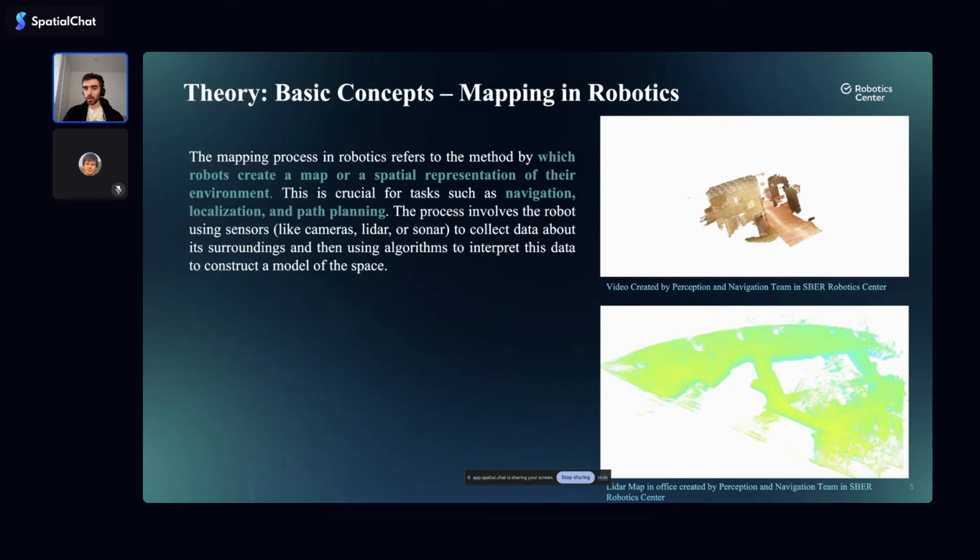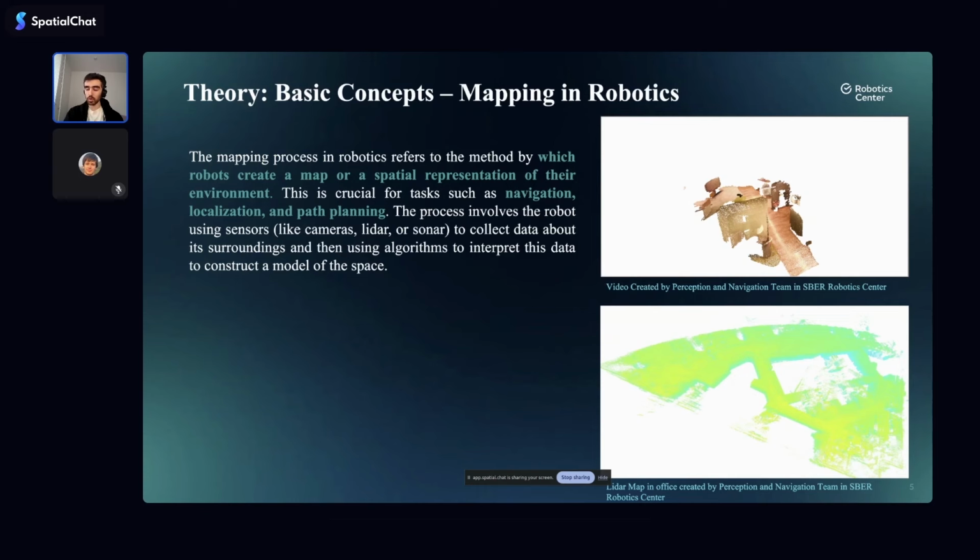So in general, what is mapping in robotics? For a long time, mapping only represented the generation of a point cloud, maybe, or a voxel map or a mesh map. So it was just a 3D representation based on some points, maybe some features of our environment.